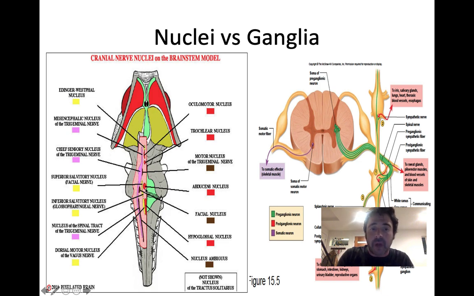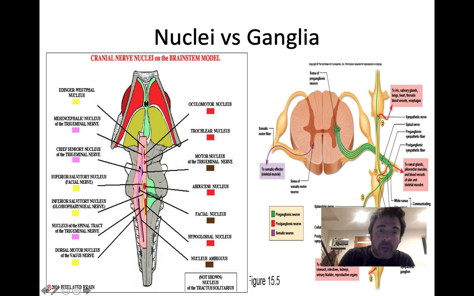So a bundle of gray matter that functions like a processing center in the central nervous system we refer to as being a nuclei. Not the nuclei of an atom, not the nuclei of a cell, but a control center that's made up of many thousands to millions of neurons that exists as a discrete or independent entity within the central nervous system. We refer to that as being a nuclei.